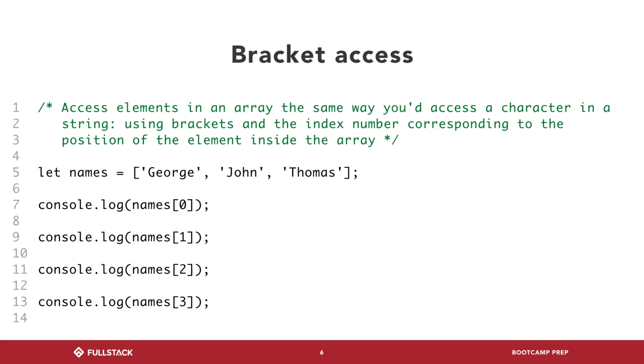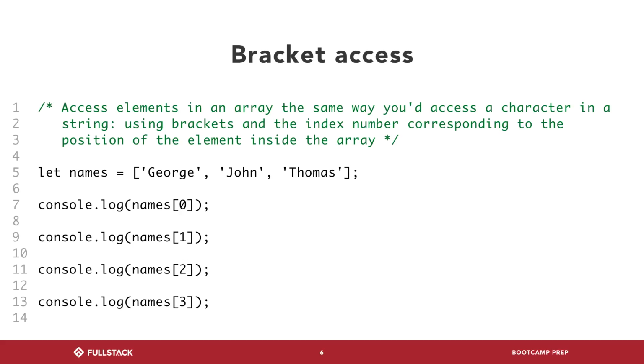The way to access any particular element is we use another square bracket, but now this does not define an array. Rather, this means I want to access, and we pass a number into the bracket notation, and that number is going to be the index.